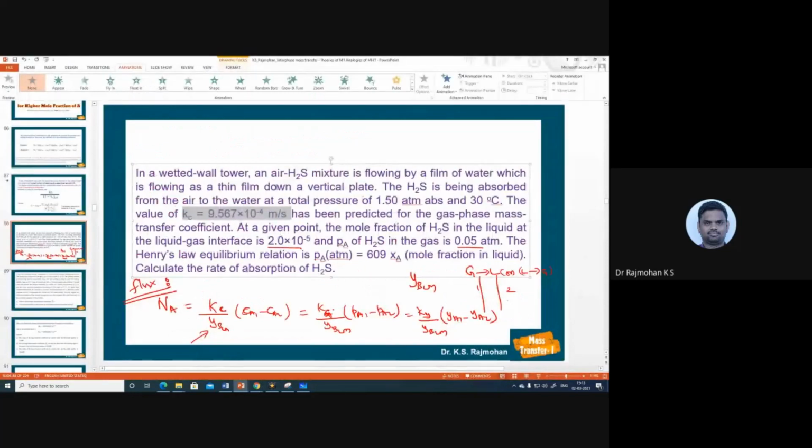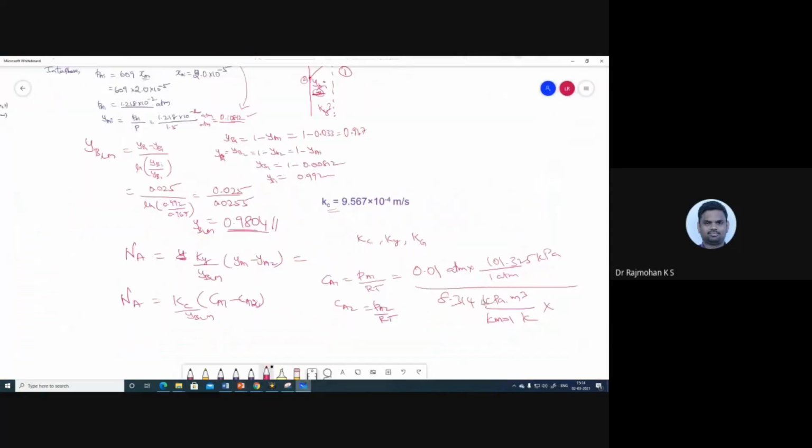The temperature is 30 degrees Celsius, so we have to make use of 303 Kelvin. Kelvin gets cancelled, kilopascal and atmosphere cancel, so what you get is concentration in terms of kilomole per meter cube. Similarly, get the Ca2 value, Ca1, Ca2.